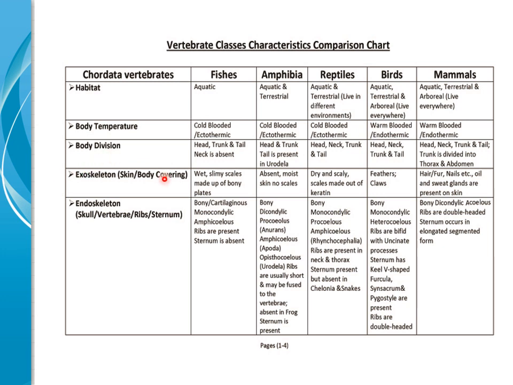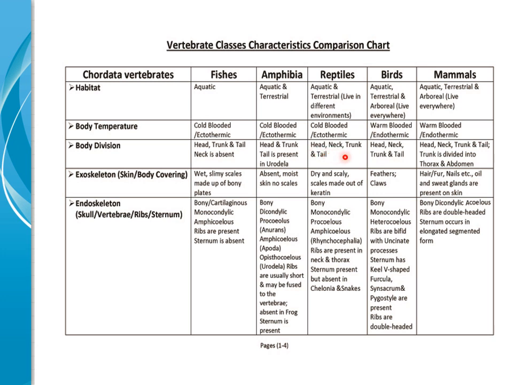The next feature is body division. The body of fishes is divisible into head, trunk and tail. Neck is absent in fishes. Absence of neck is an aquatic adaptation in fishes. In amphibians, the body has head and trunk. Tail is present in the Urodela order of class Amphibia, whereas tail is absent in Anurans.